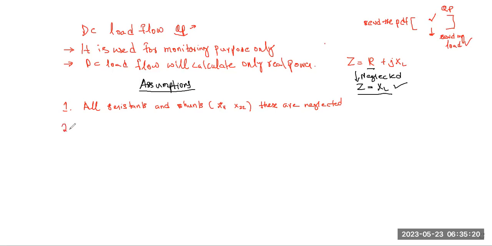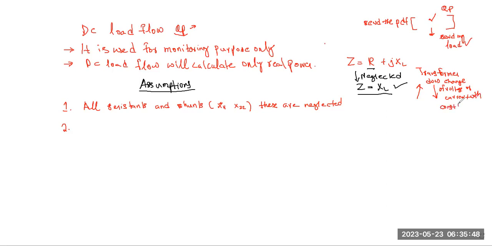Now the transformer: basically a transformer steps up and steps down the voltage. The transformer's main purpose is the change of voltage or current, without change in frequency, with constant frequency.